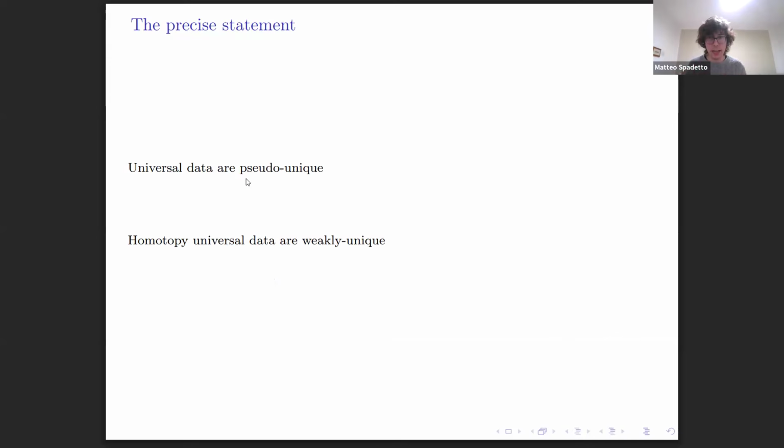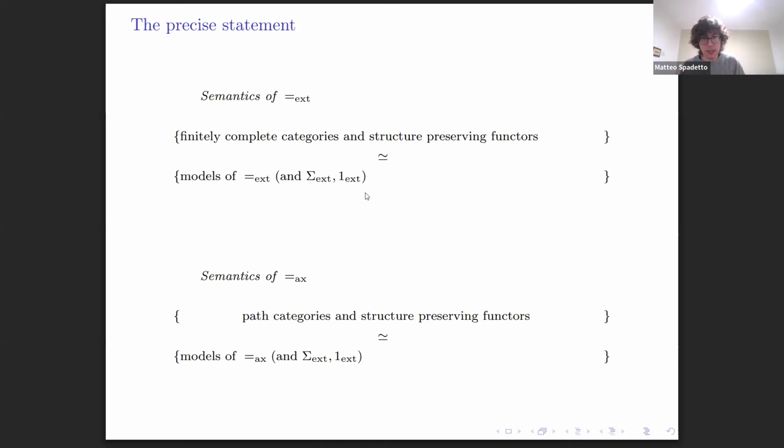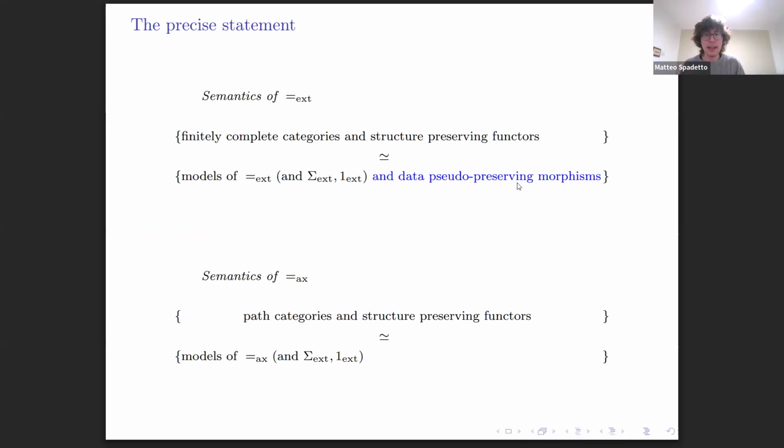They are unique only up to homotopy equivalences, and not unique homotopy equivalences, but homotopy equivalences that are unique up to parallel homotopy. So they are weakly unique. This is the reason why here you have data pseudo-preserving morphisms, and here you have data weakly preserving morphisms.